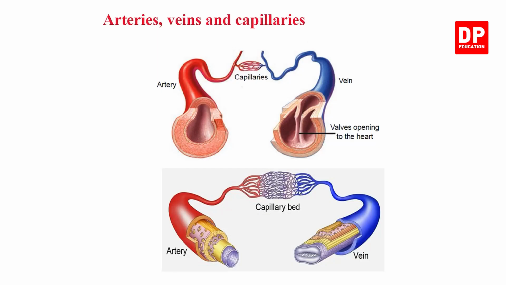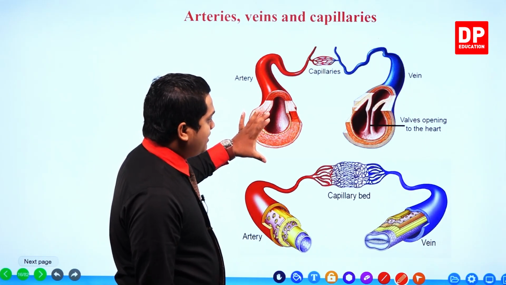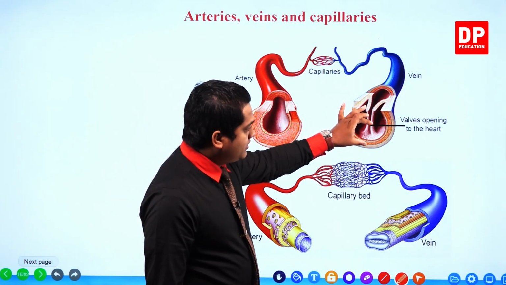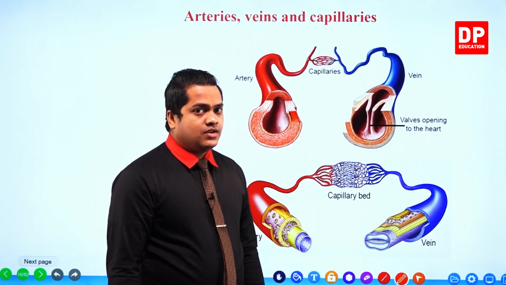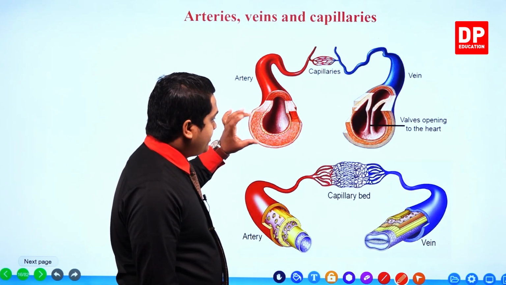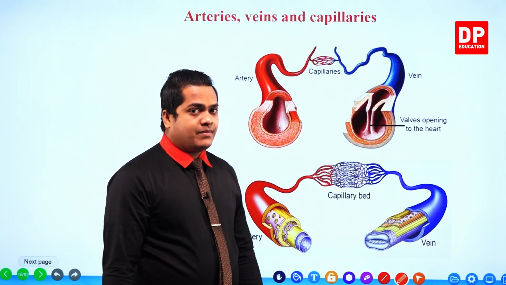Within this figure, you can observe the structure of the arteries, the capillaries and the veins. As you can see here, artery walls are somewhat thick, but here you can observe the walls of the veins, which are not that thick.